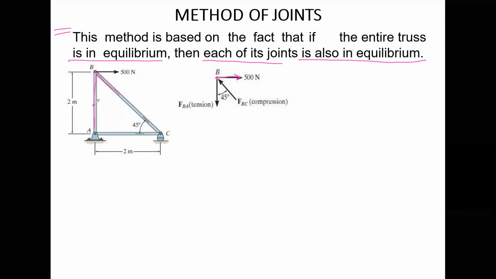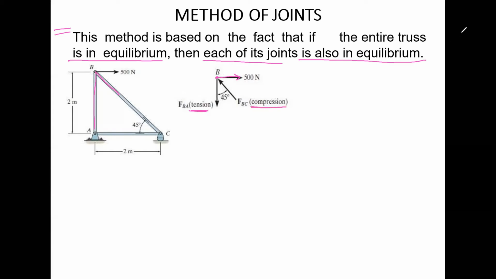Suppose I take the direction of force FBA vertically downward, and I take the direction of FBC in this way. So FBA is providing a tension on the point B, so I have written here tension. And FBC is providing a compressive force on the point B, so I am writing here compression.